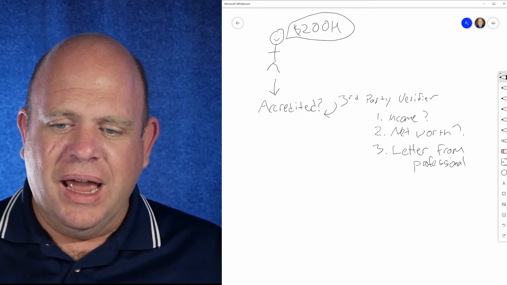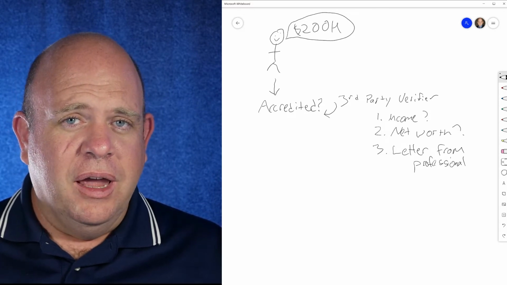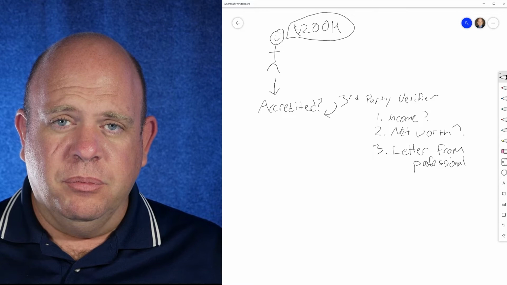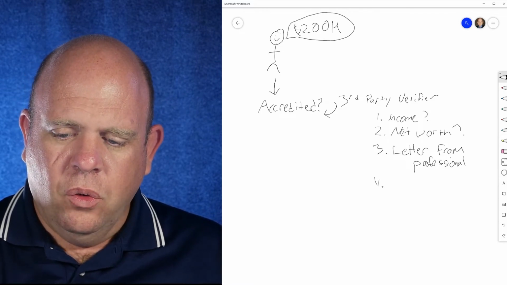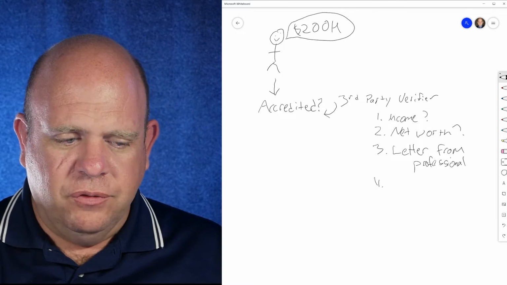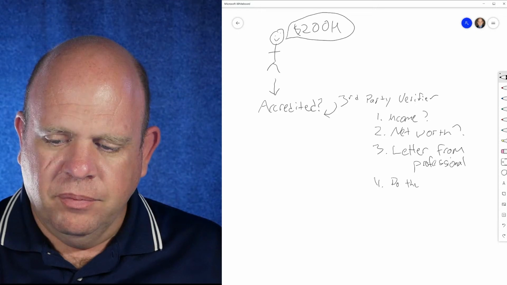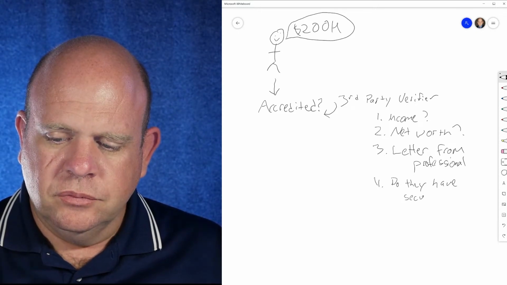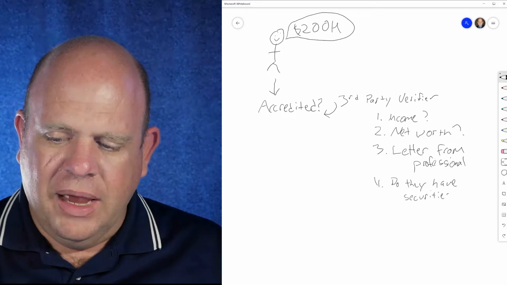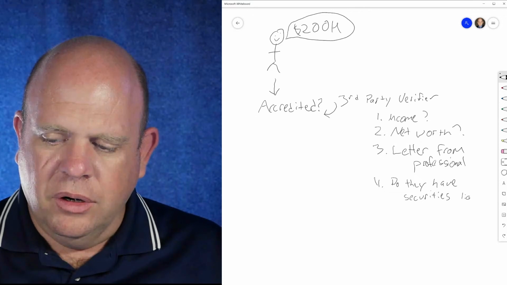Somebody who has actual knowledge of whether or not they would be an accredited investor. Or number 4, because of new legislation, do they have a securities license, which is now allowed to qualify people to be an accredited investor.